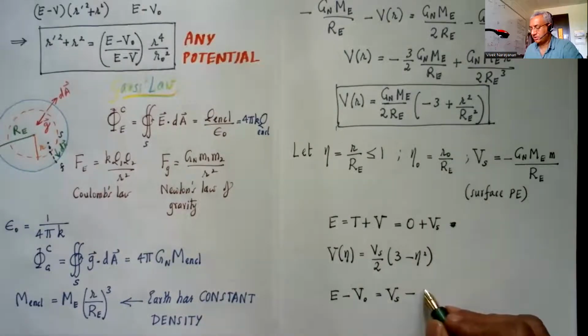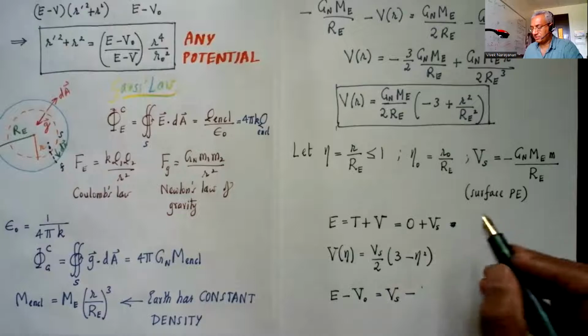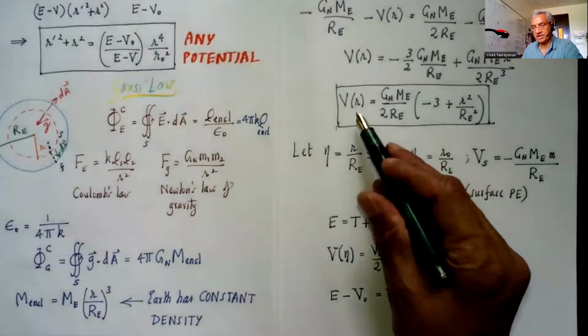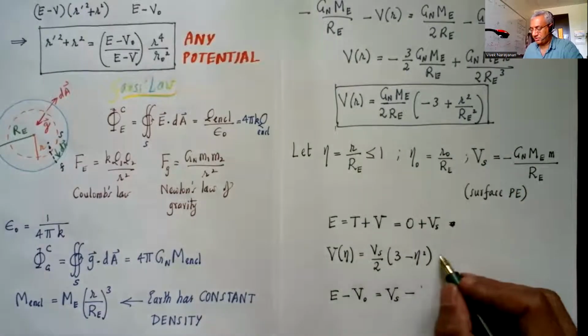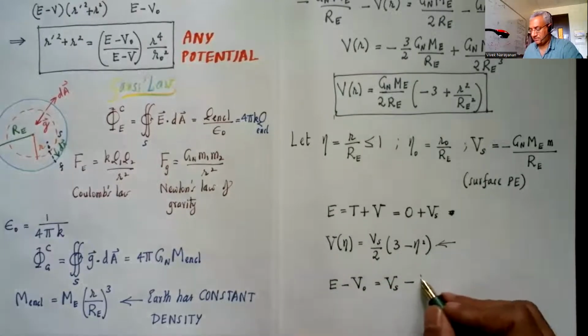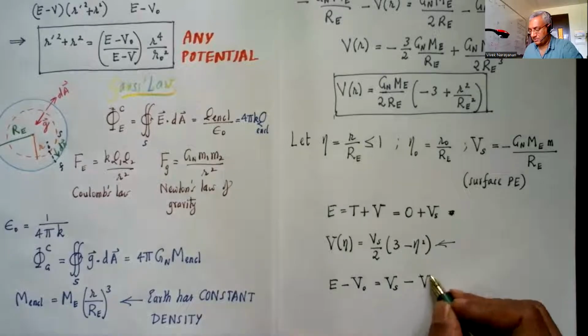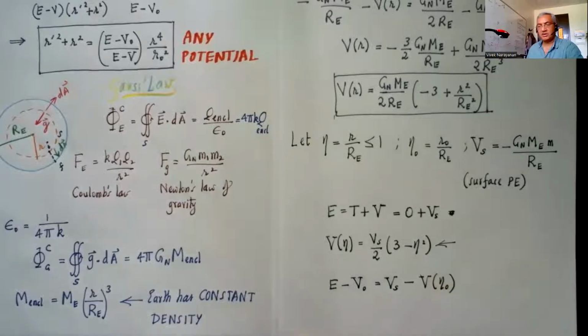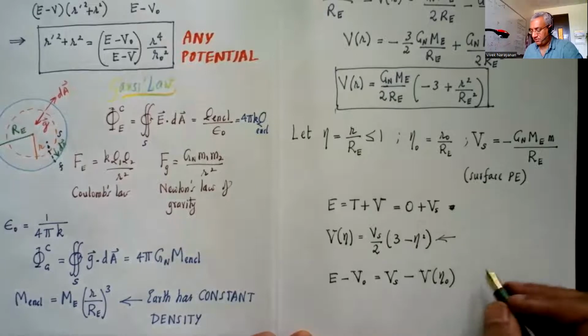And V naught is this expression, except at eta naught. So V naught is V at eta naught. So let me substitute for that.